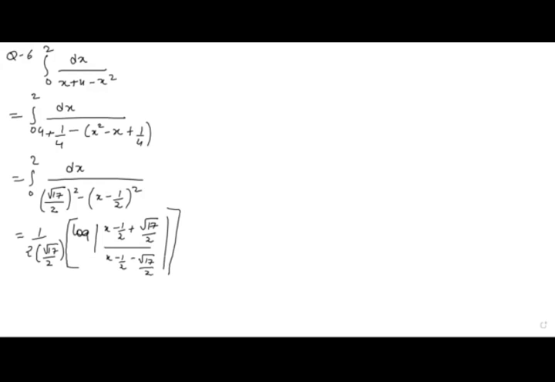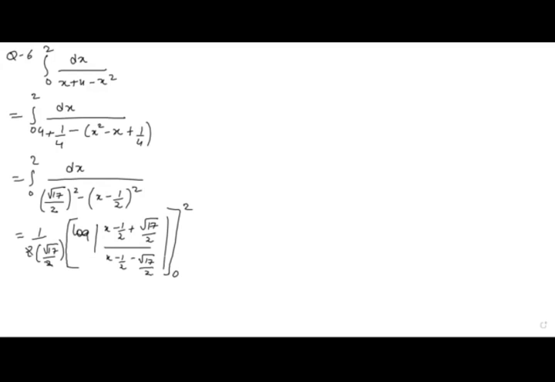So this is of the form 1 upon a square minus x square. Its answer is 1 by 2a log mod x plus a upon x minus a, and the limit will be from 0 to 2.